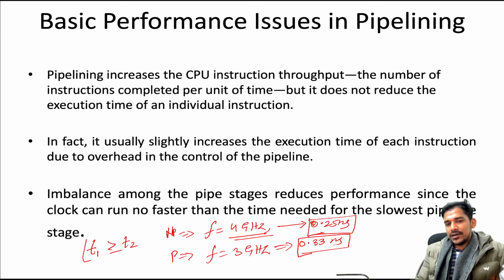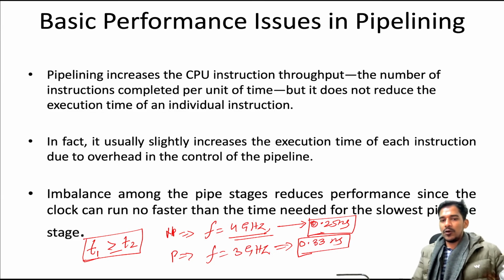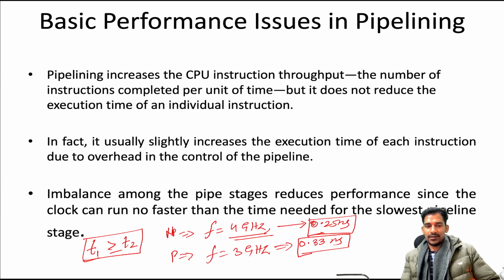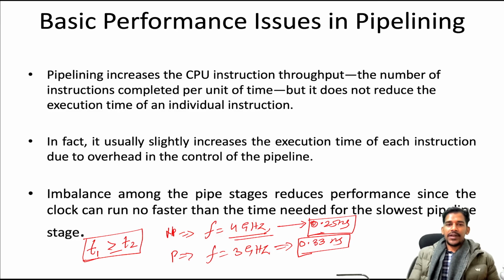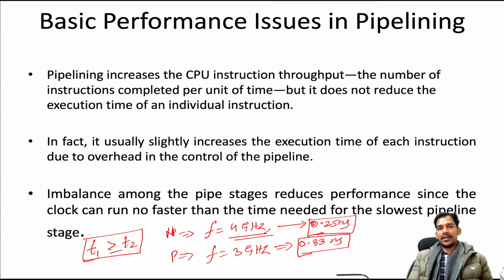That means the pipelining processor will not decrease the execution time for a single instruction, but in practical scenarios we are talking about lots of instructions, and finally we are only interested in the throughput, so throughput will be best in the pipelining processor, right? So pipeline increases the CPU instruction throughput, the number of instructions completed per unit time, but it does not reduce the execution time of an individual instruction.